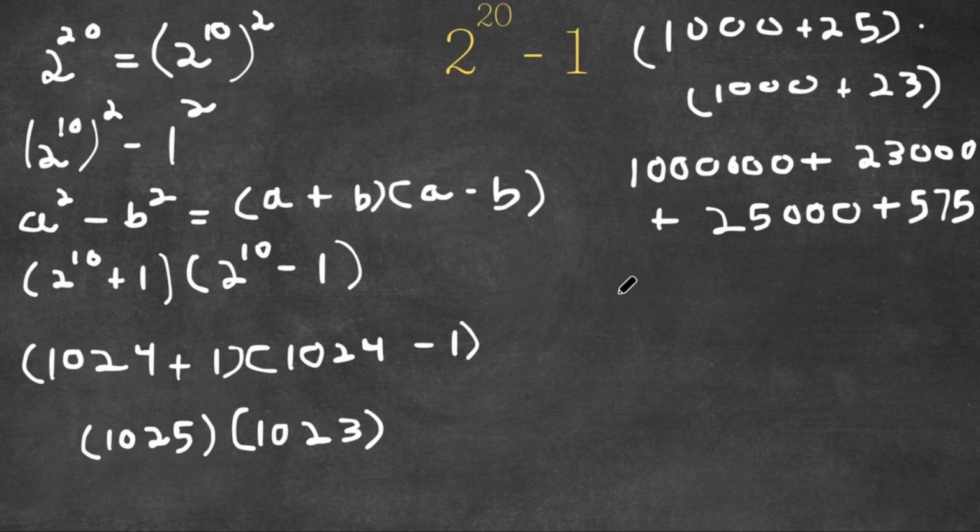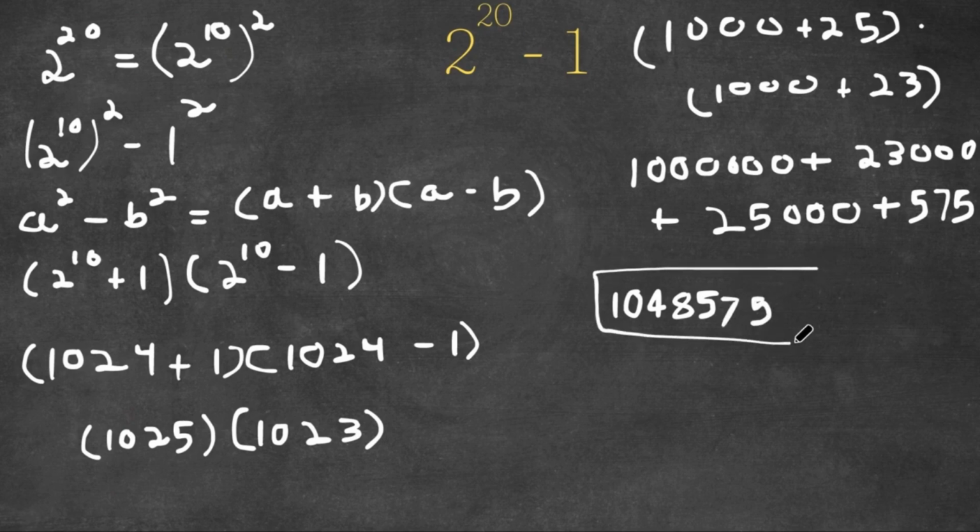Now, because 1 million is the largest, we have 1,0, then 25,000 plus 23,000 is simply 48,000. So we have 1,048, and then we have 575. So this is going to be our answer.